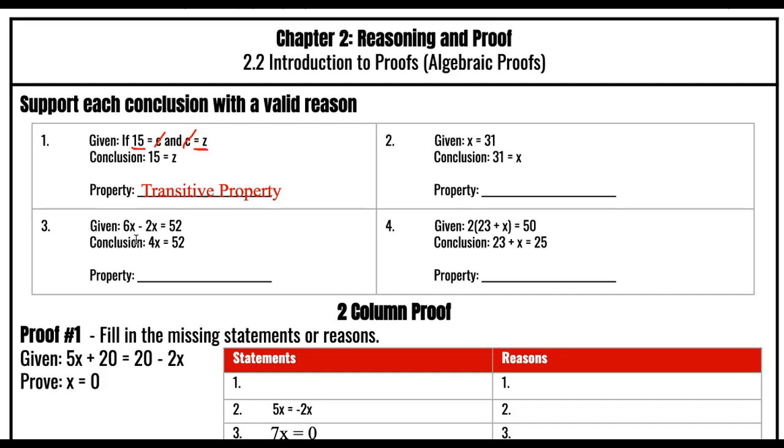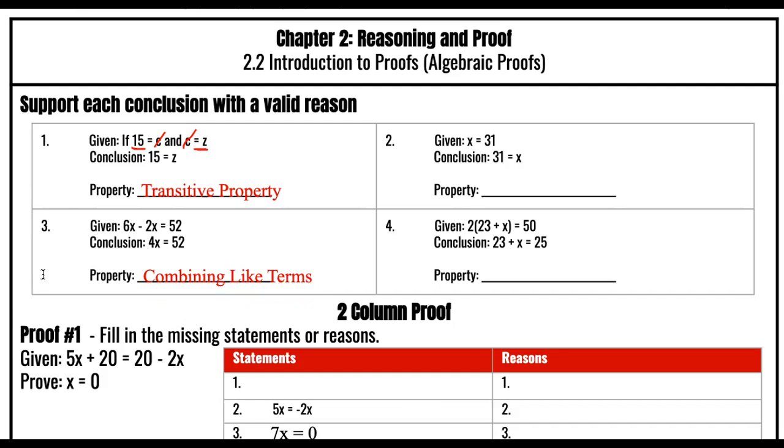They just subtracted those common terms, 6x, 2x. You subtract, you get 4x. So all they did was combine like terms on one side of the equation. And so that property is going to be combine like terms.